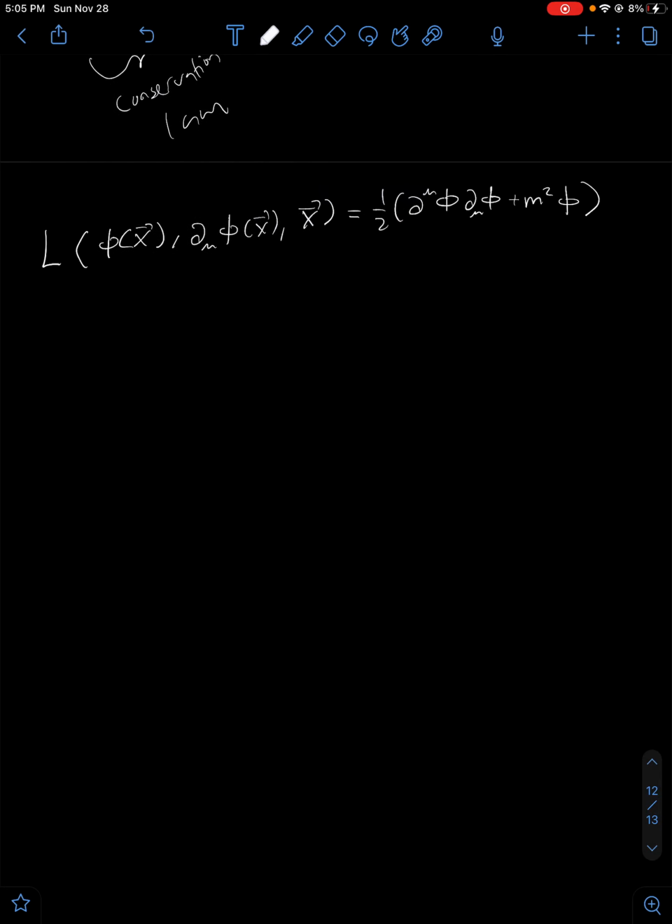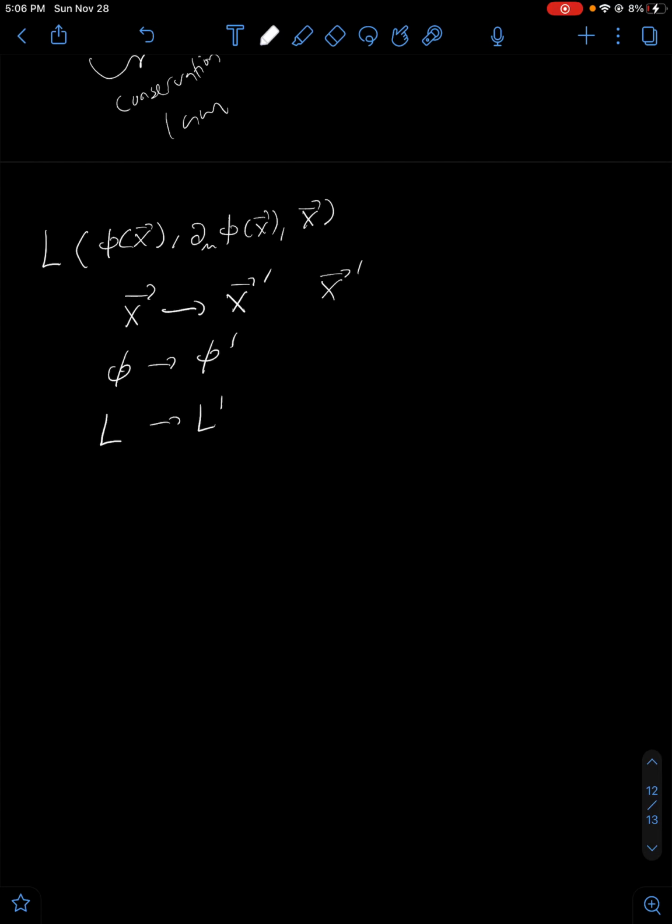So say we have a transformation, let's ignore this for now. This, by the way, applies for all Lagrangians in QFT. I was just using the free scalar field Lagrangian as an example. So say we have some transformation where the four-position x turns into x prime, and then phi turns into phi prime, and our Lagrangian density turns into L prime.